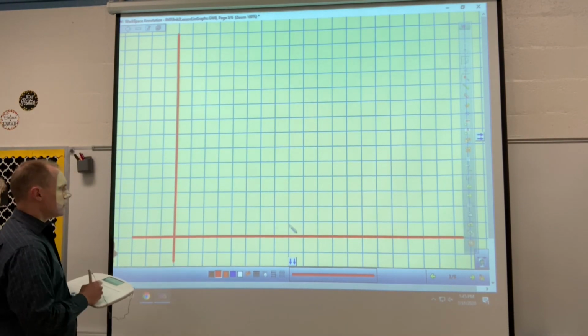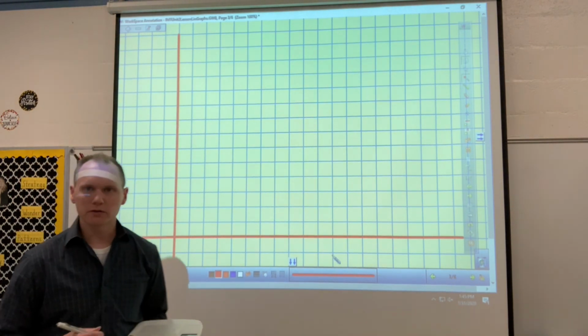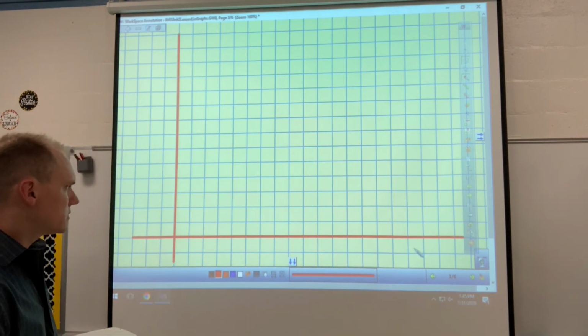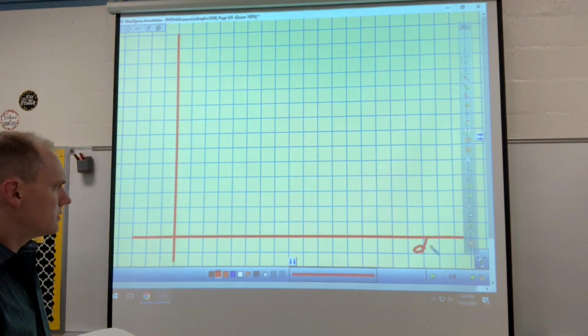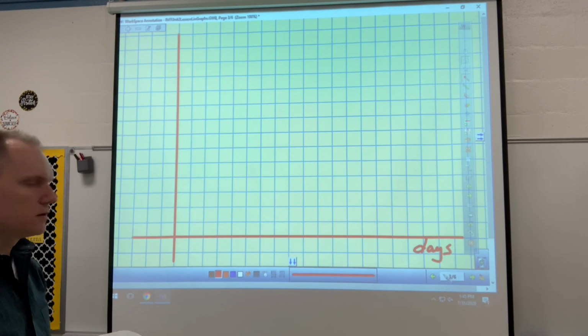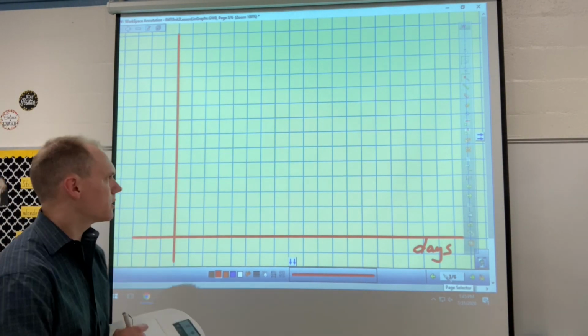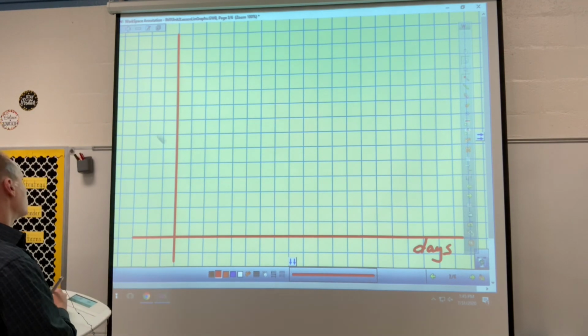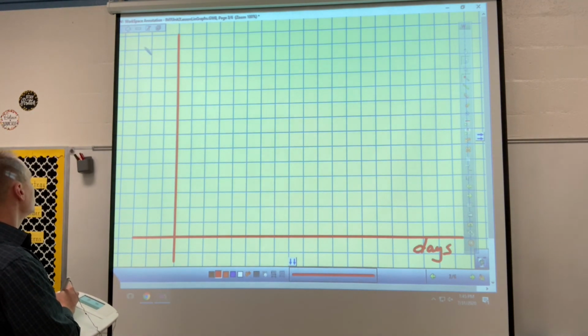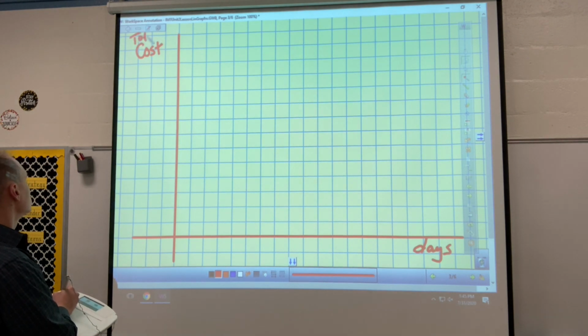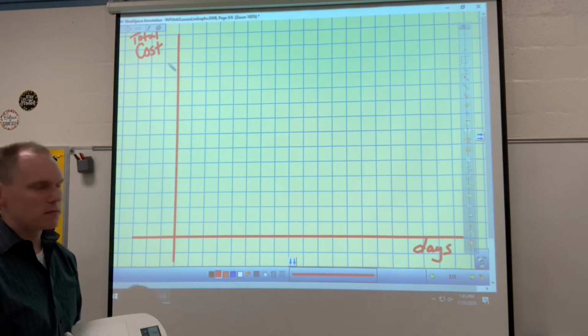Okay, so let's go ahead and label things here. Along our x-axis, this is days, all right? Days that you're renting the truck. And then up here, along the y-axis, this is going to be total cost.